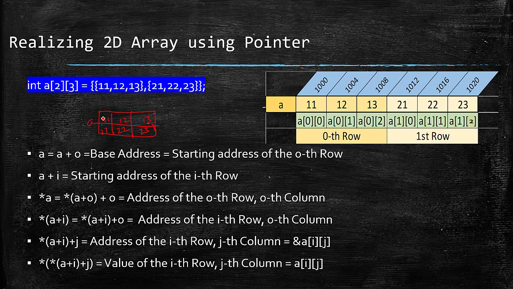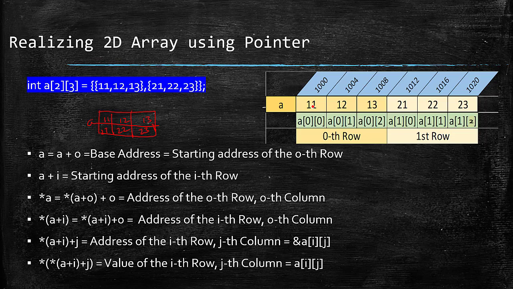It follows a contiguous memory allocation. So you can see that there will be 6 cells, and every cell will hold an integer type of value. So the size of every cell will be the size of an integer.